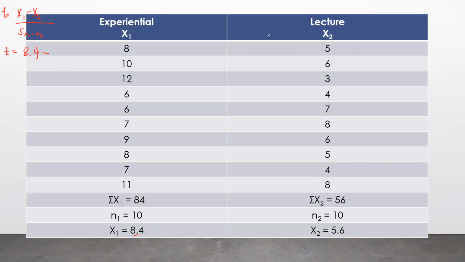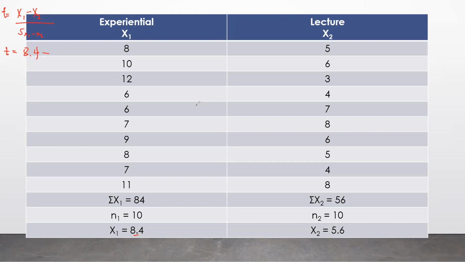And then on the other side, x2 is the mean of the group 2. So the same, I believe you are very knowledgeable on how to get the mean or how to get the average. Tell me if hindi na siya masundan ha, kasi masyadong mahaba yung computation nito. 5 plus 6 plus 3 plus 4 plus 7 plus 8 plus 6 plus 5 plus 4 plus 8.